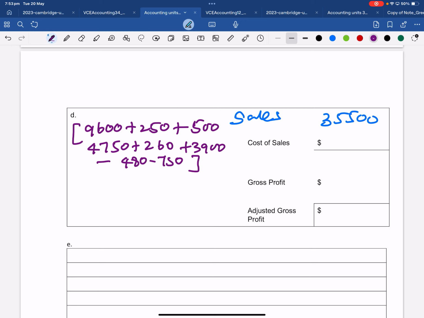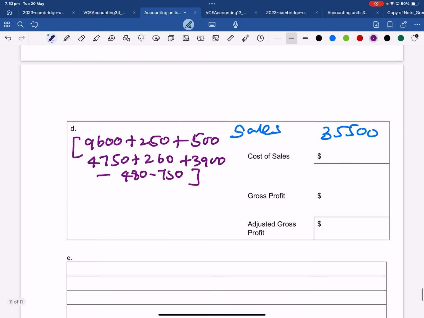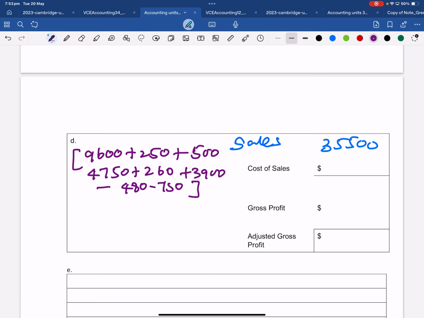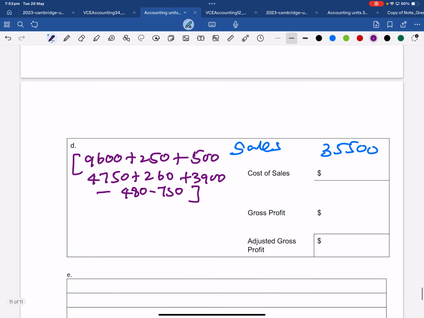Same cost of sales? Wait, no, it's the wrong one. $18,030. Others also got the same thing? 18,030.